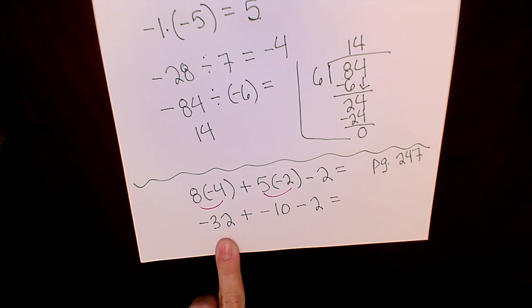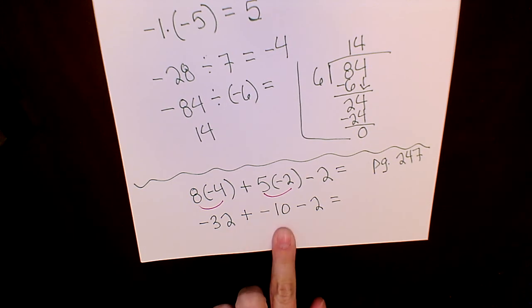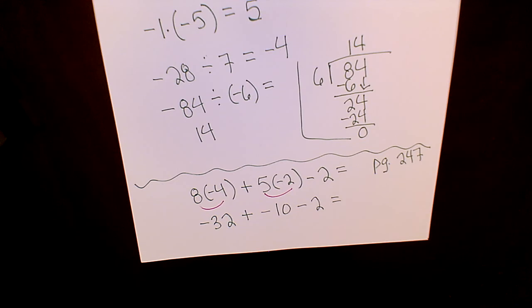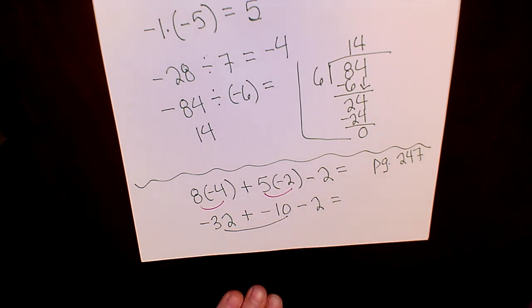So I've got a negative 32 and a negative 10 minus 2. So I'm going to keep going left to right. We've been talking about that all in the past section. What is a negative 32 and a negative 10? Just put them together.